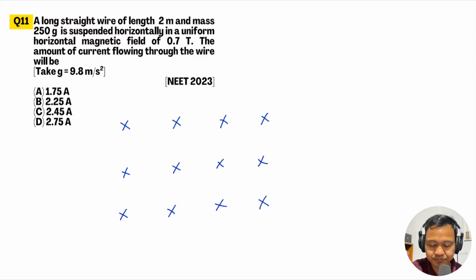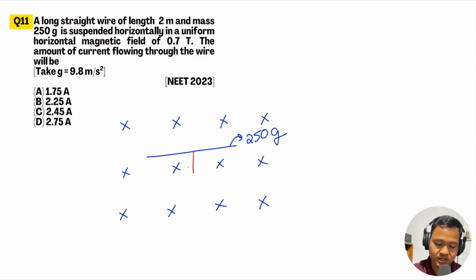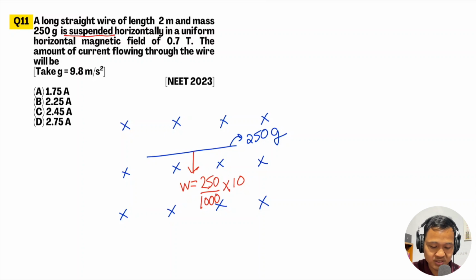The wire has mass 250 gram, so the weight is mg, which is 250 by 1000 kg into 10. The wire is suspended, so it is in equilibrium.